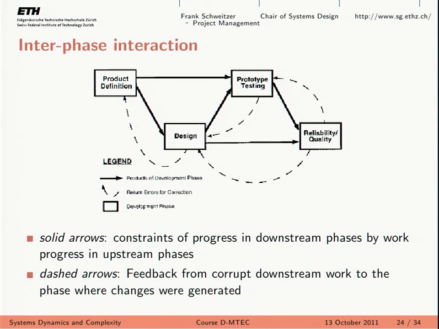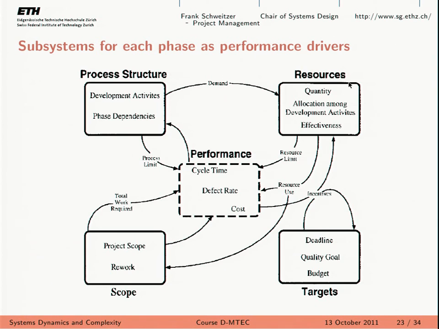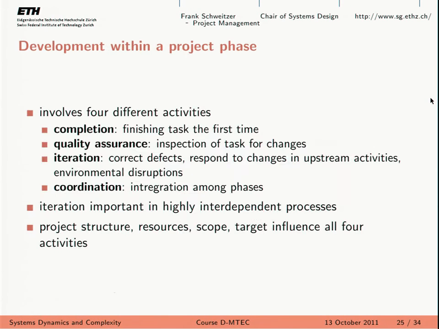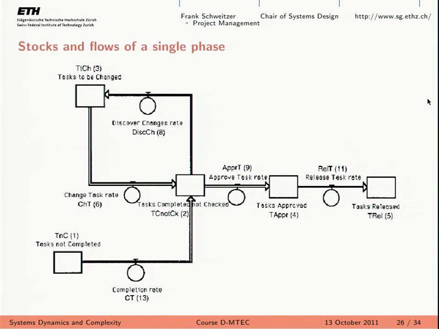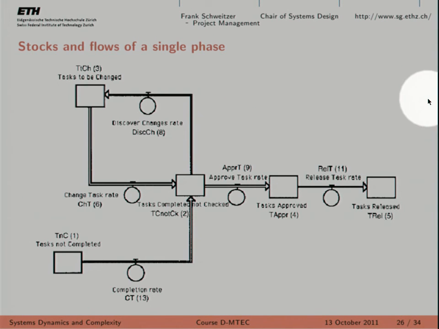All right, let's see now. These guys focused only on the work that needs to be done in a given phase, and they tried to model it in a system dynamics way. What we have here are all the tasks which are not completed, all the design work that you need to do.